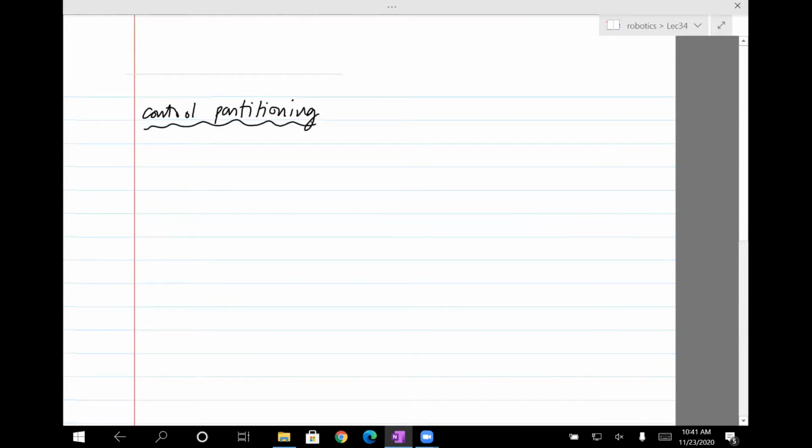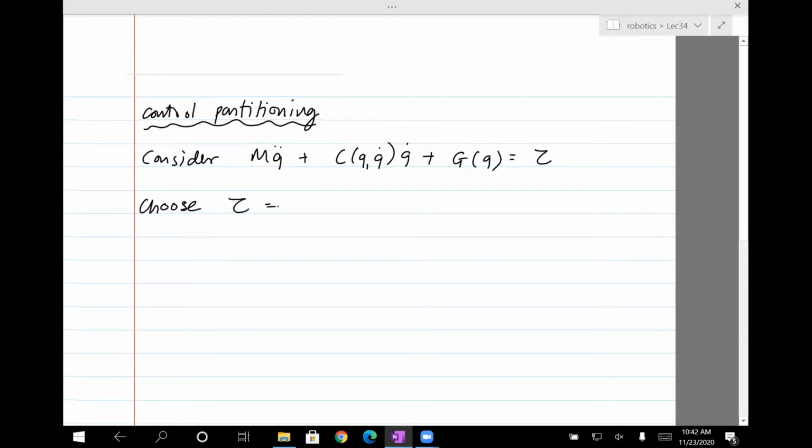Okay, so here's how it goes. So let's again consider an n-dimensional system, Mq double dot plus C(q, q dot) q dot plus G(q) equals tau. Okay, what we'll do is we'll choose tau in the following way. So we'll assume that we have some estimate of the mass matrix. Now the mass matrix is something which we can measure from the CAD file, right?